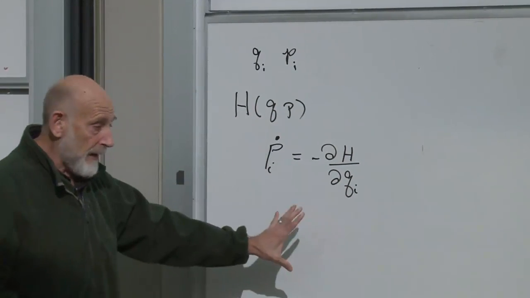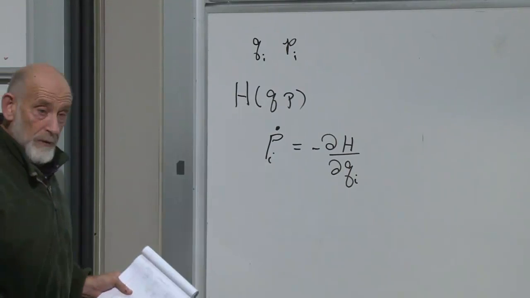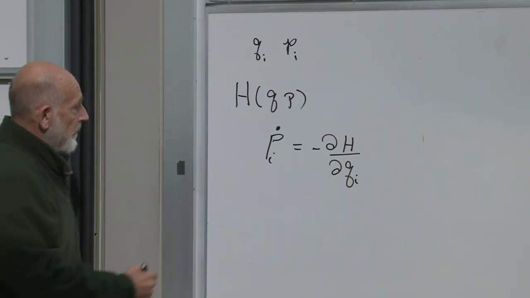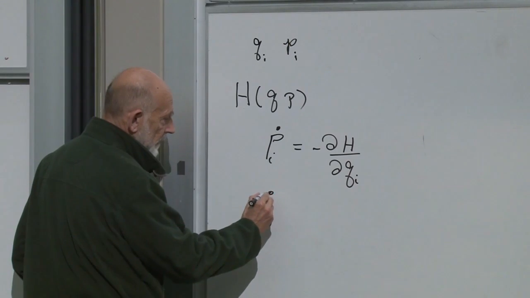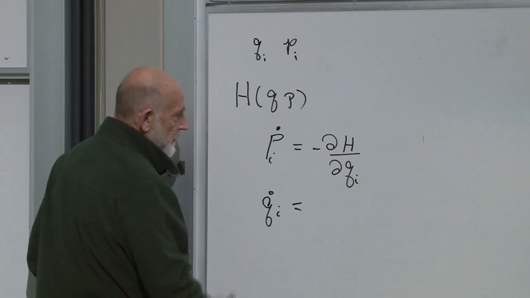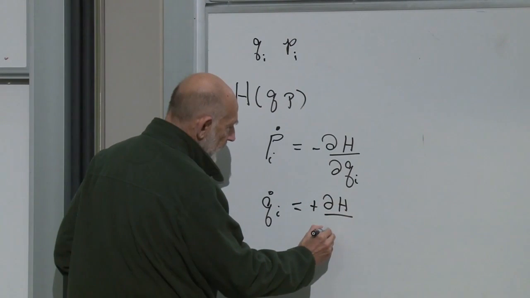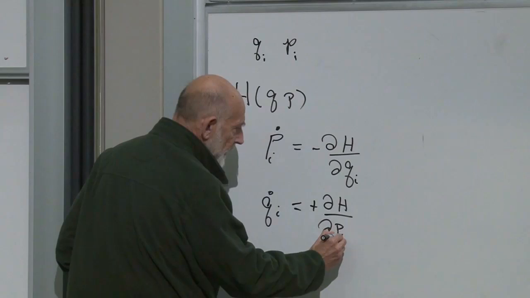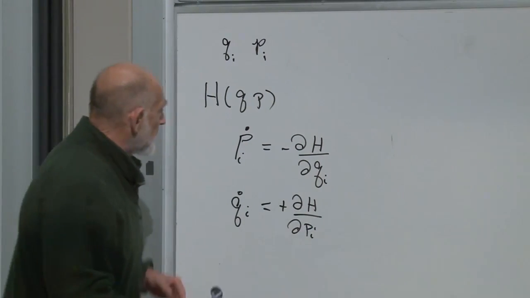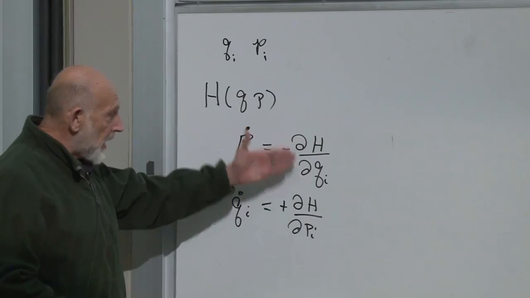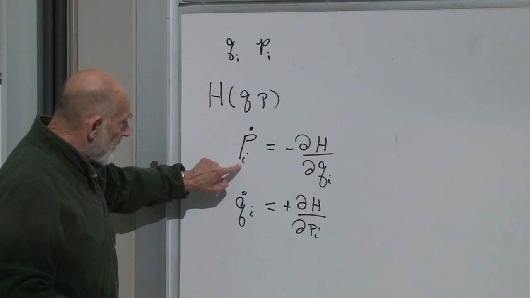All right, so they come in pairs, and there's a Hamiltonian equation like this one for each I, and the other one is Q dot I is equal to plus dH by dP sub I. Now, H can be a complicated function of all the Q's and P's, so each right-hand side here does not just depend on one label.